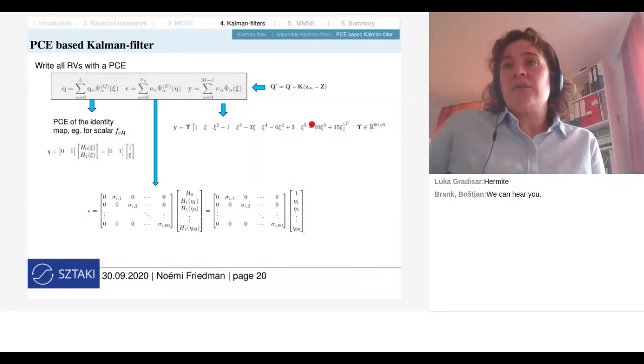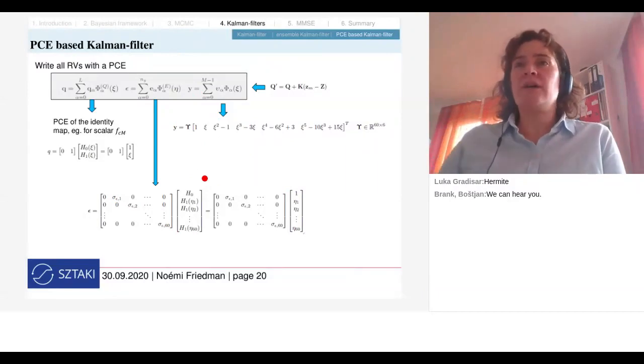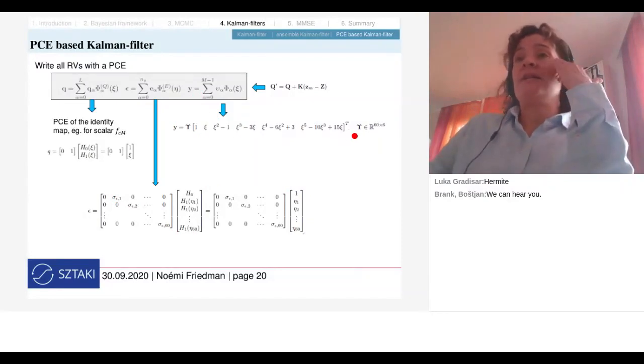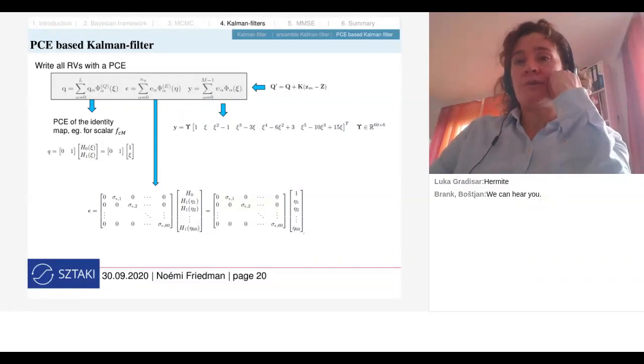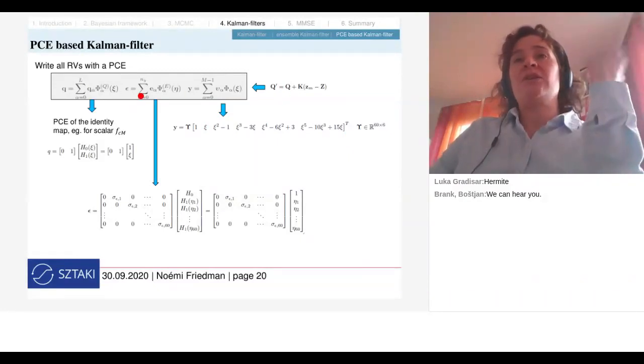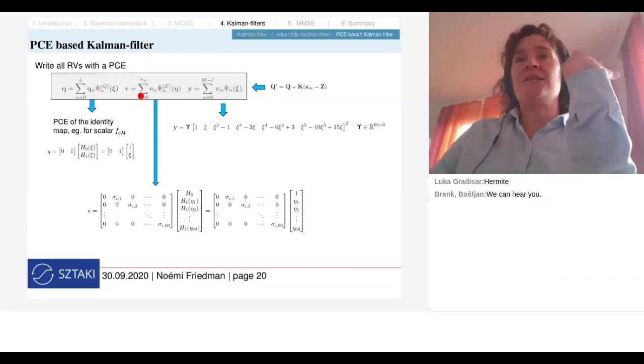The y, I did it already. Okay, let's say that I have the 1D case, so I have only one random variable, one xi. And then this is the PC basis that I used for the approximation of the solution. Now I have to somehow be able to compute these terms. So I have to add these variables together and so on, but they don't have the same basis yet.